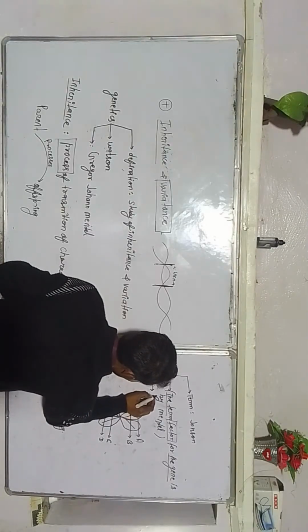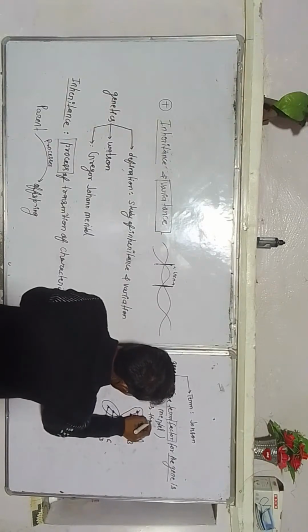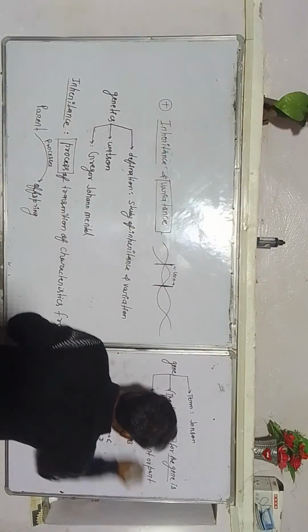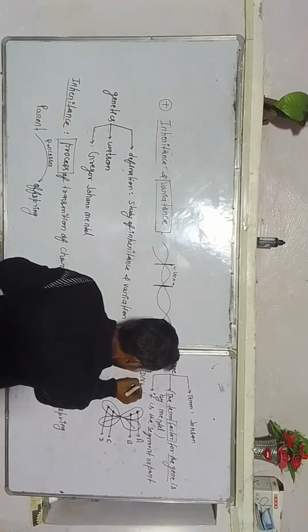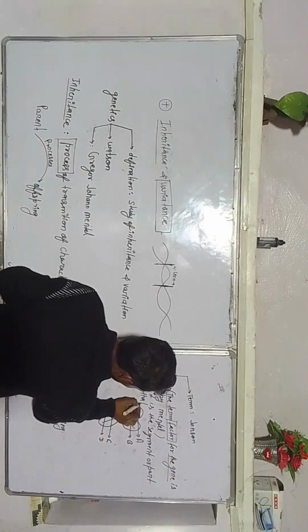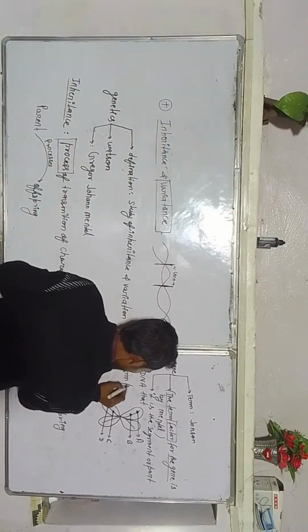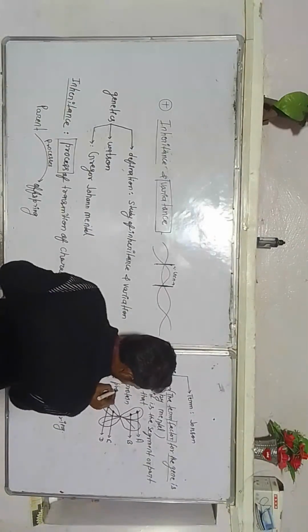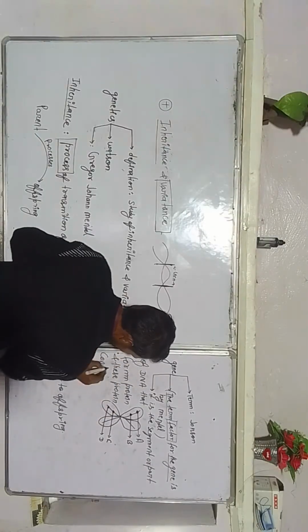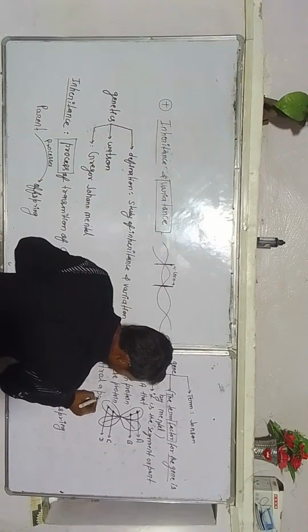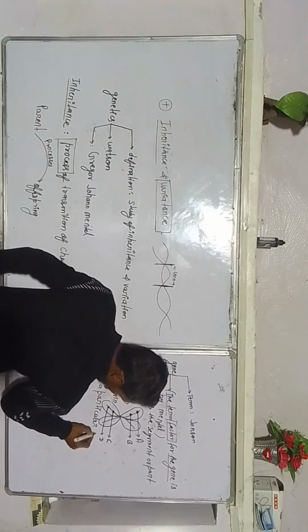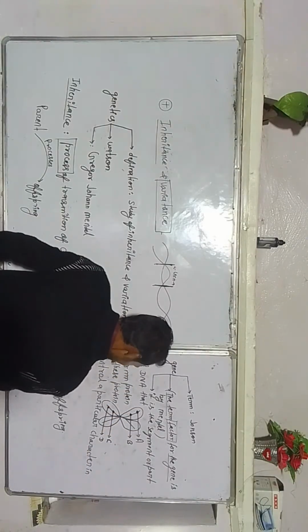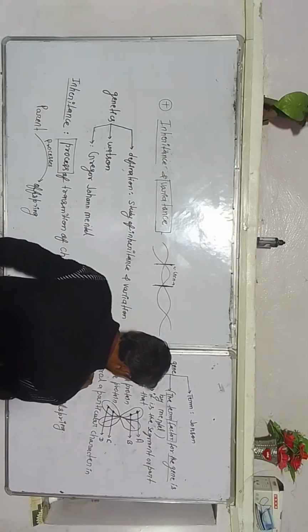It is the segment or part of DNA that forms protein, and these proteins control a particular character in the living body.